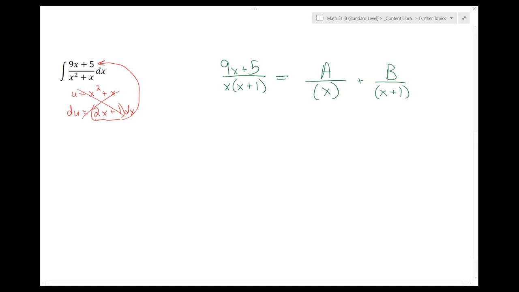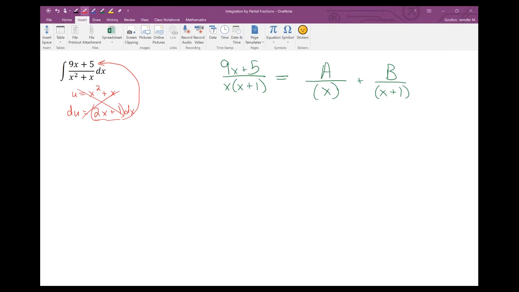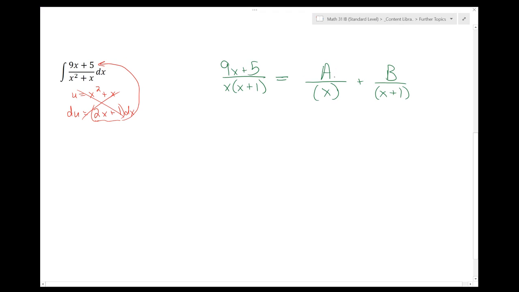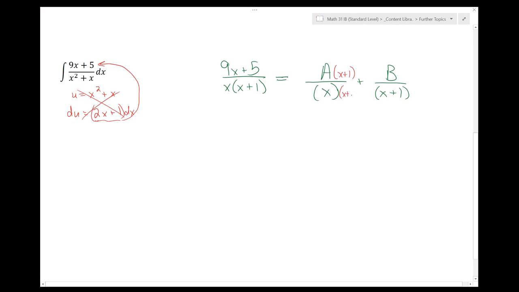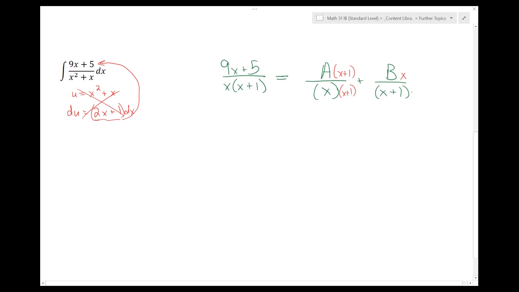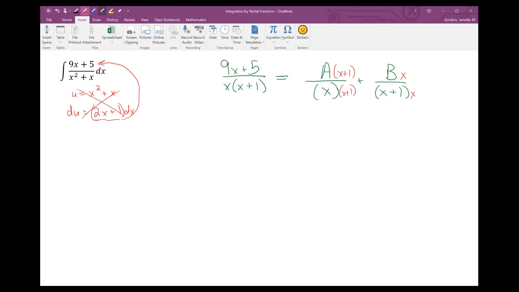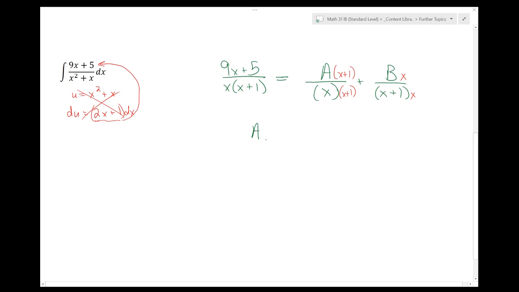What I would do then in each case is multiply each fraction by the factor that it's missing. So A times x plus 1 over x times x plus 1, and B times x over x plus 1 times x. Essentially what then happens is A times x plus 1, plus Bx, those two numerators, have to be equal to 9x plus 5.